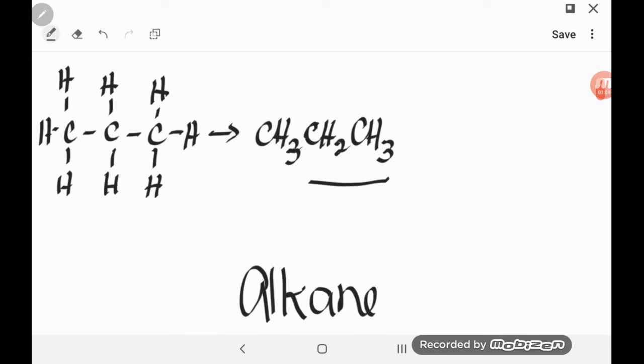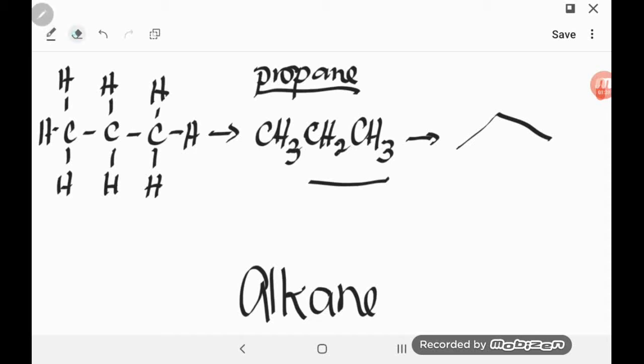This is the condensed structure of an alkane, which can also be written in this manner. The line structure of an alkane. This alkane is also known as propane. Alkanes are used as solvents, heating oils, fuels, and in fat synthesis.